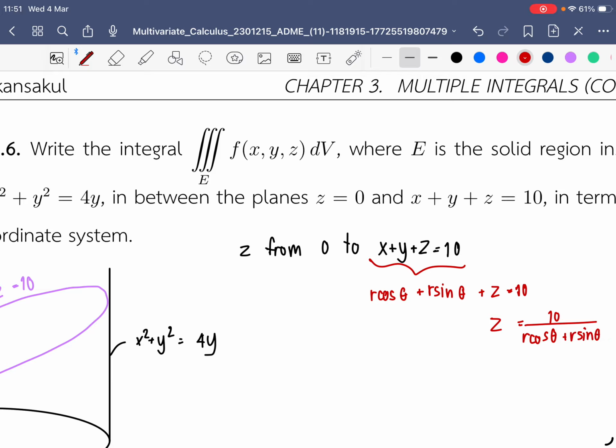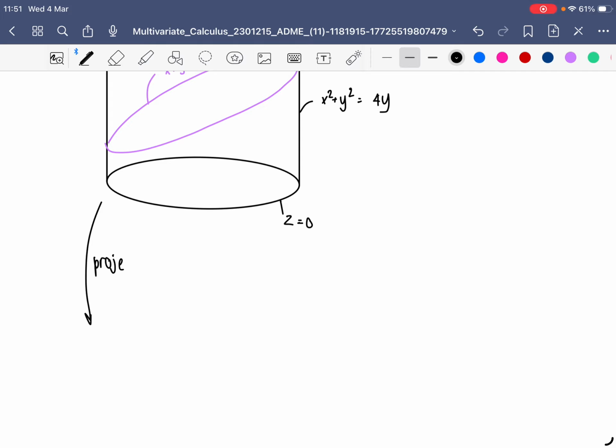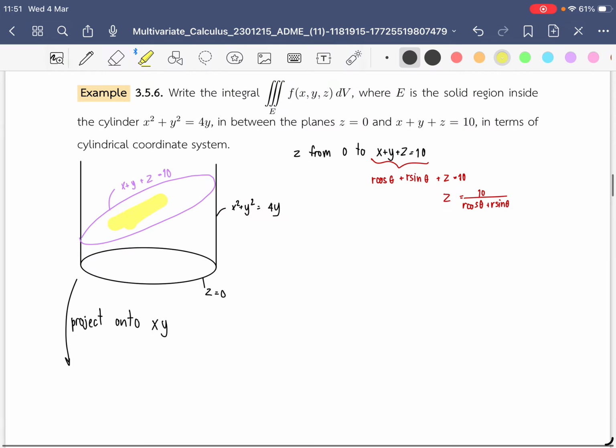And now you are projecting the region onto the xy plane.